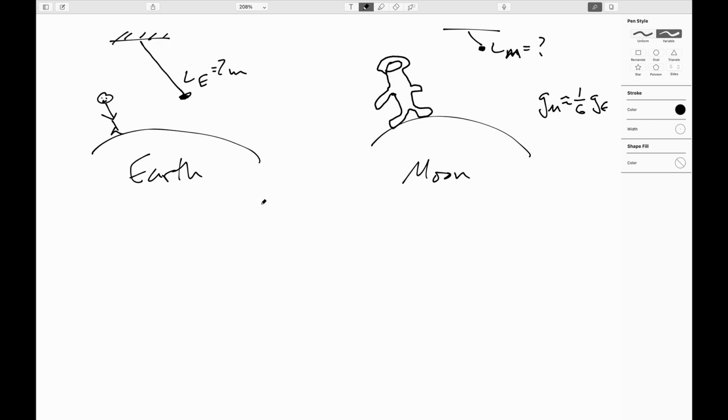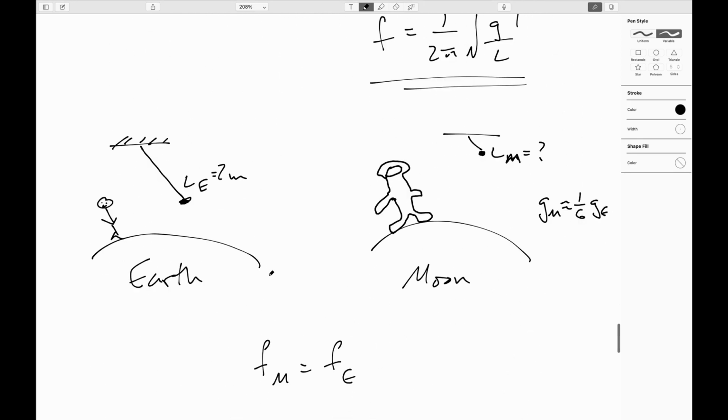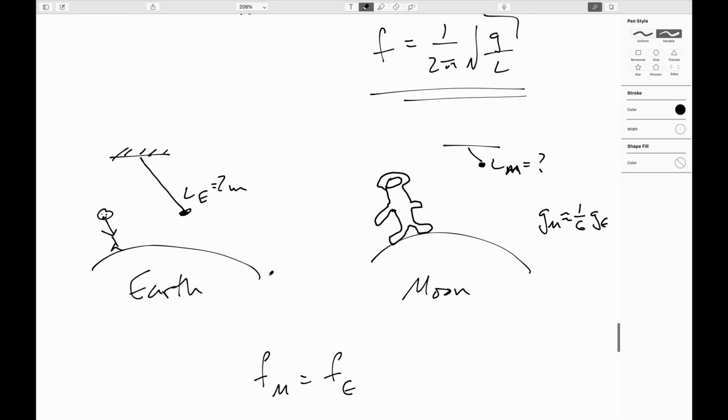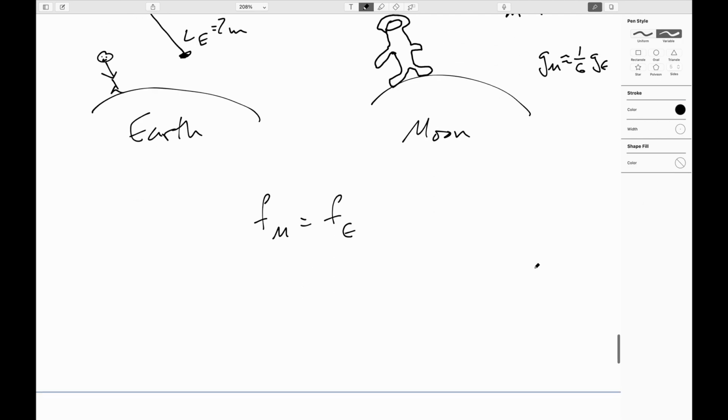All right, so if we want them to keep the same rate, Earth and Moon, we can just demand that the frequencies be equal, right? So let's just demand that the frequency on the Moon be equal to the frequency on the Earth. So we just found that the frequency is 1/2 pi root g over L. So here this would be g of the moon, L of the moon.